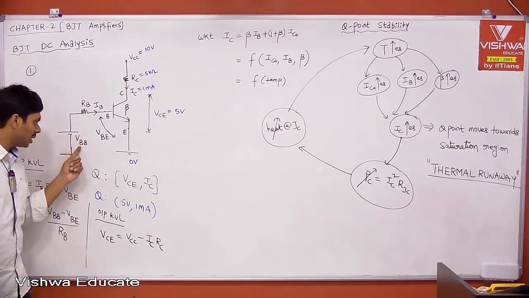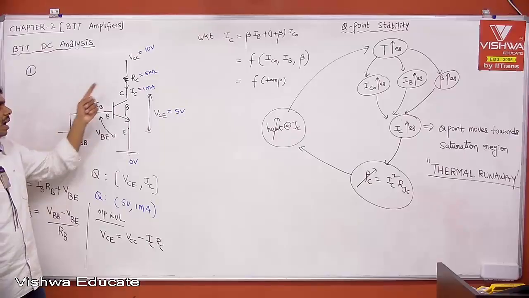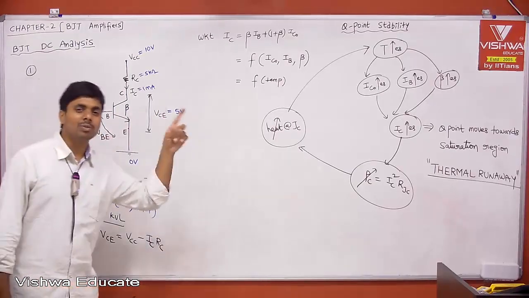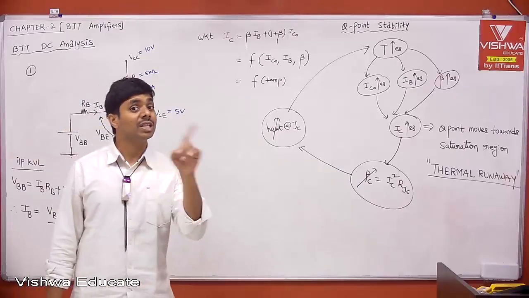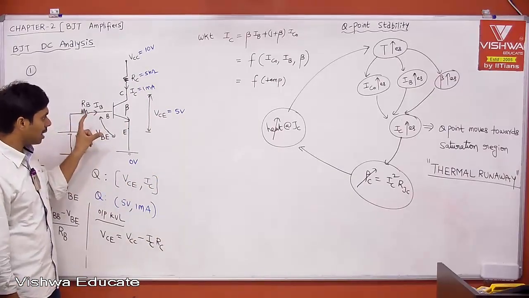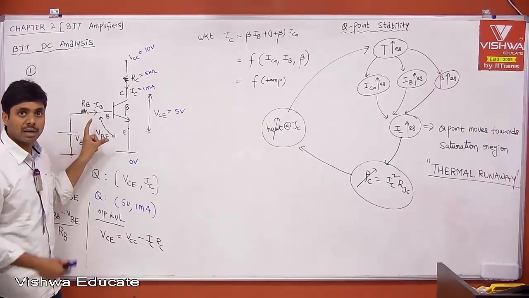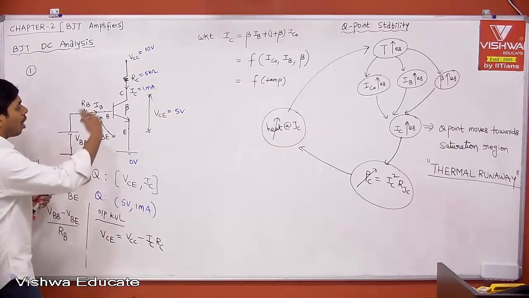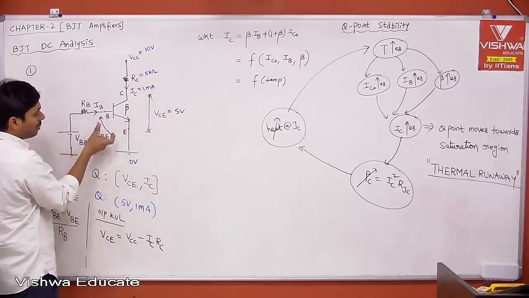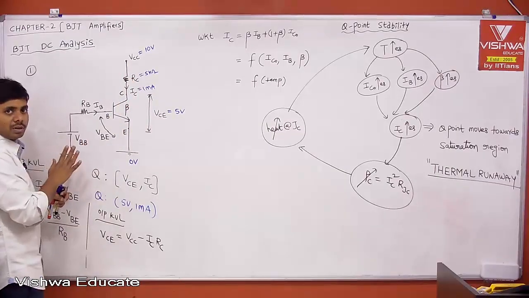Therefore, your bias voltage VBB is fixed, RB is fixed, RC is fixed. Because of fixed bias, we are seeing Q point instability. We don't want fixed bias. I want variable bias or automatic bias, or I can say self bias. I want automatic bias such that if there is a change in IC, then VBE changes automatically, but not with fixed voltage.